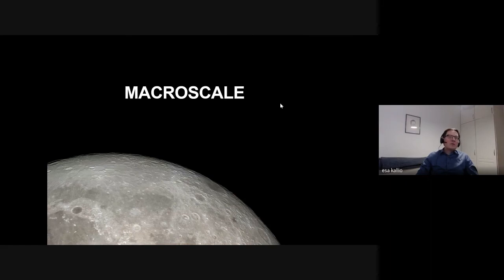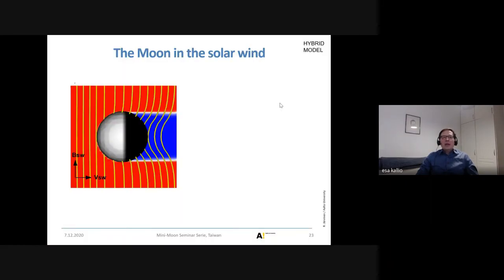Quickly about macroscale. In macroscale, we mean that you are really simulating the whole moon region, also the wake region. In this case, you can see that we included in our simulation a moon that is not fully an insulator, but the magnetic field lines are slightly draped, and we can play with the conductivity and get different kinds of draping patterns.